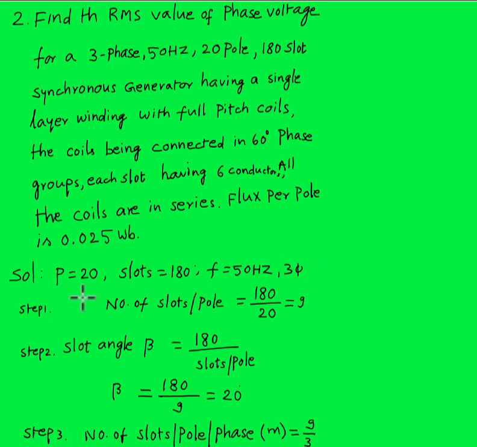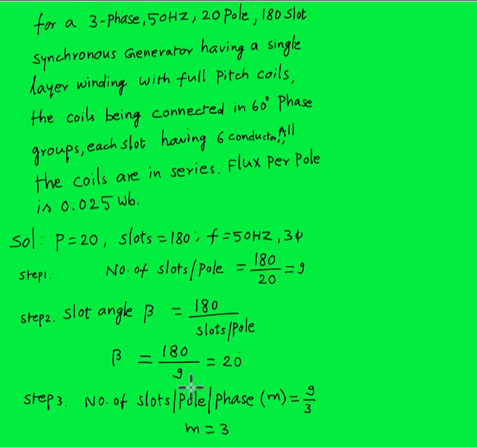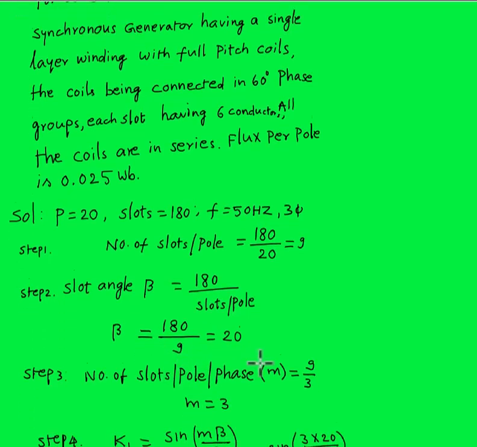From this, first we can calculate the number of slots per pole, that is 180 divided by 20, that is 9. Then slot angle beta is 180 degrees divided by slots per pole, which is already calculated as 9. Substituting, beta is equal to 180 by 9, that is 20 degrees.